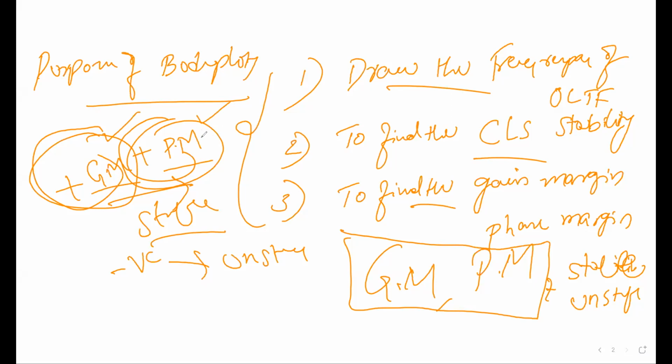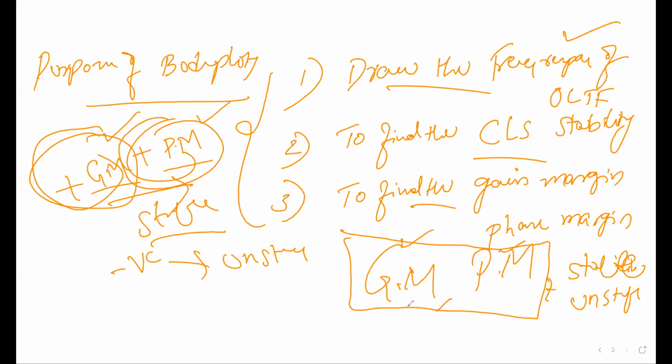Is it clear? The condition for stability, right? We have to calculate the gain and phase margin using the frequency response of open loop transfer function on the Bode plot.